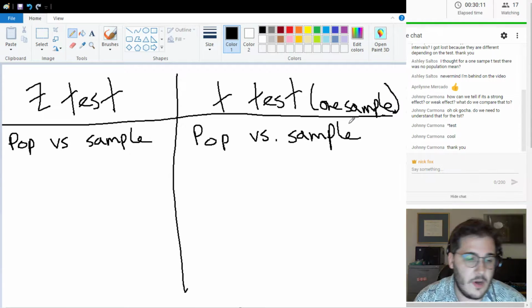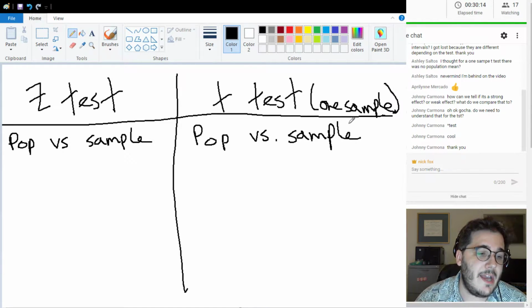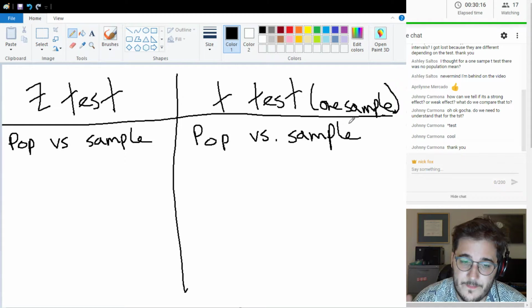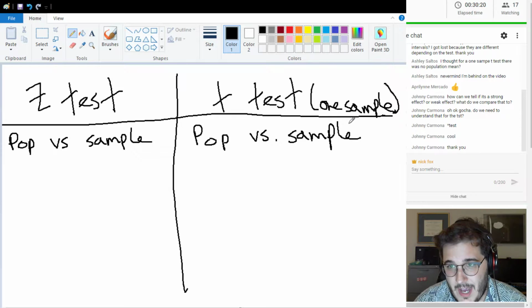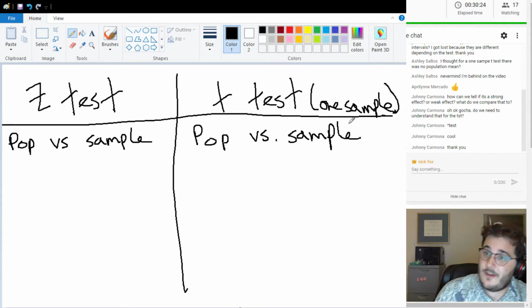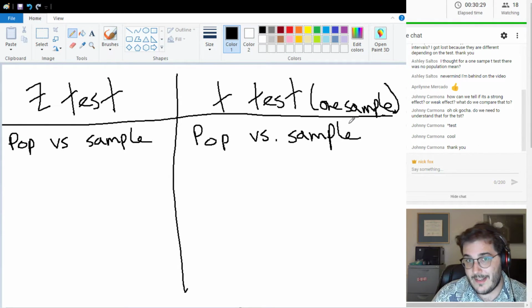So if I want to know if my recitation of students, if their height is representative of the height of all Rutgers students, it may be that I have an abnormally tall or short class. That might be possible. So we can test that.